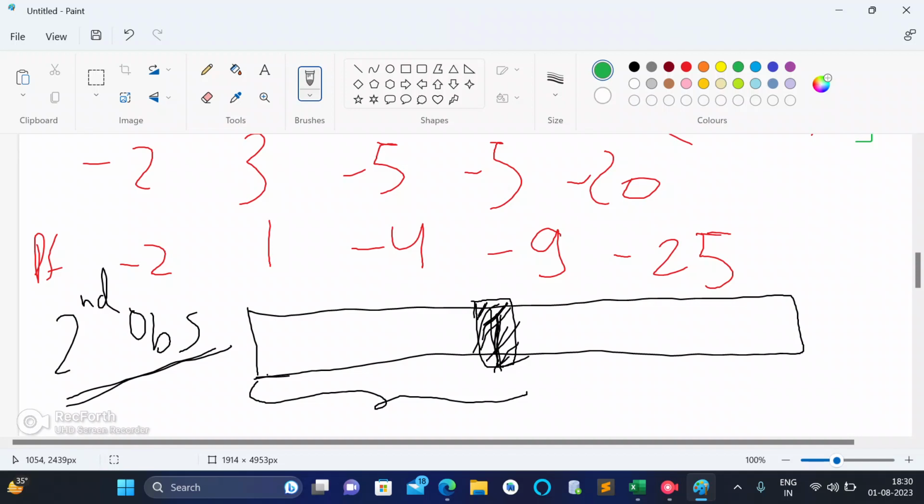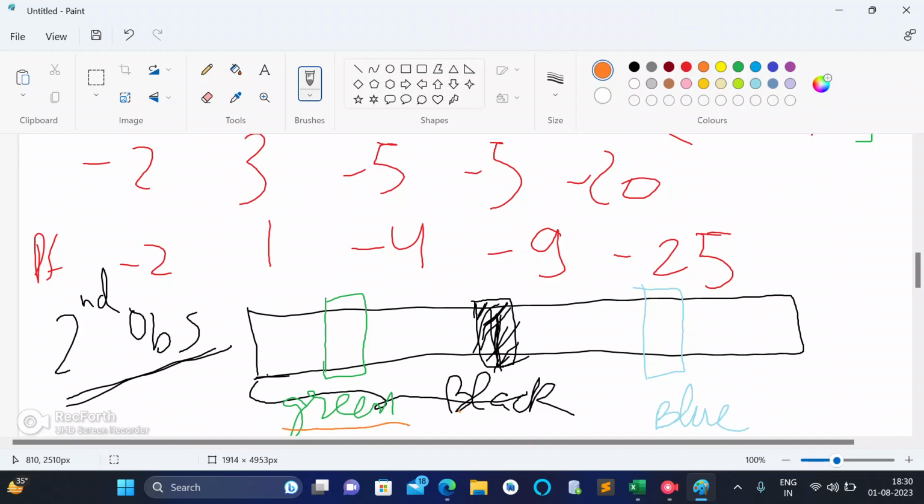So if there is some positive number, and there is a value which is smaller than this black value, let's say this is my black value, this is my green value, and this is my blue value.